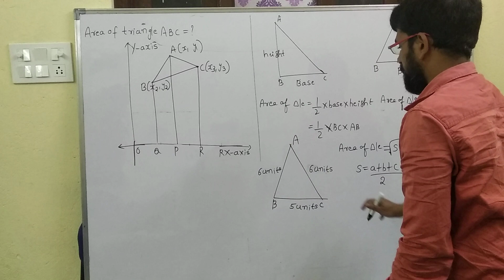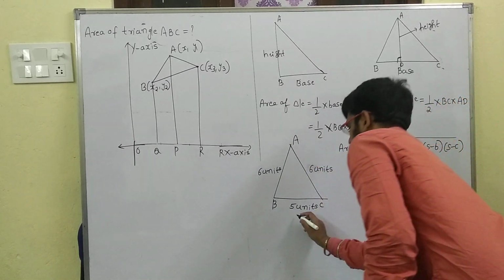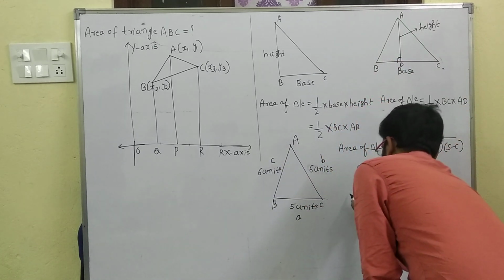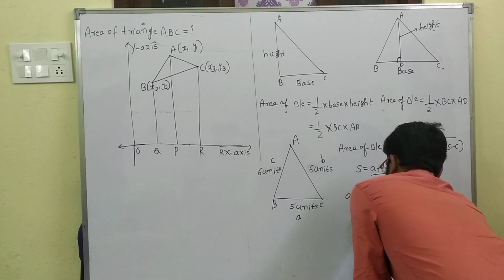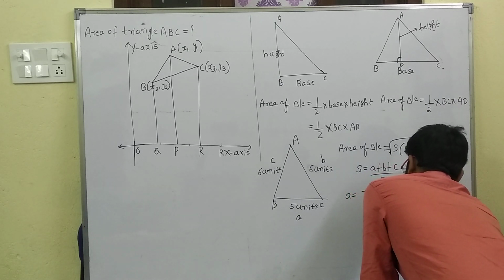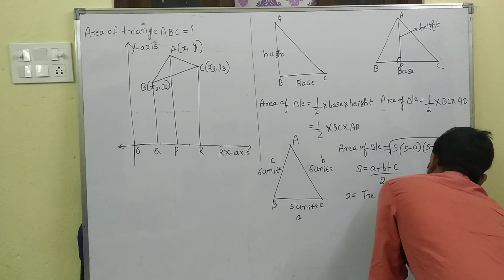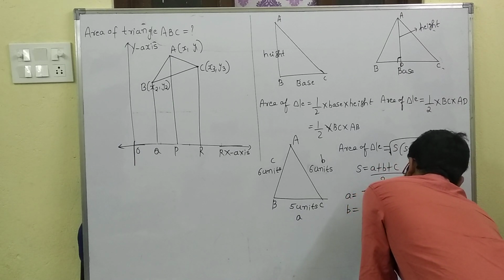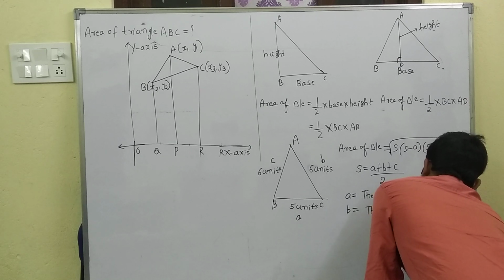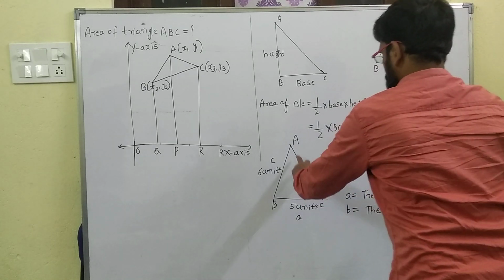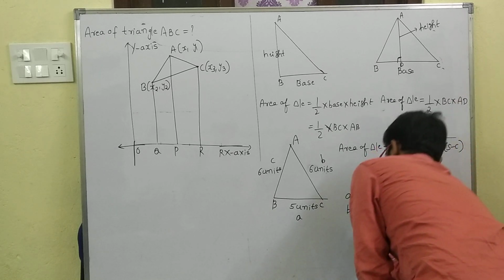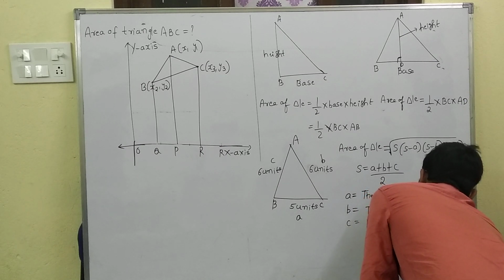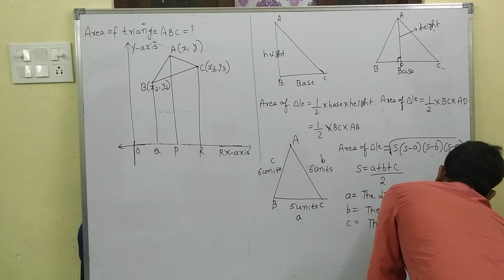Here, capital A means the point, so we have to take small a, small b, small c, where small a equals the distance between BC, small b equals the distance between AC, and small c equals the distance between AB.